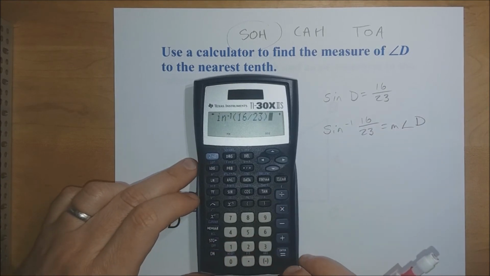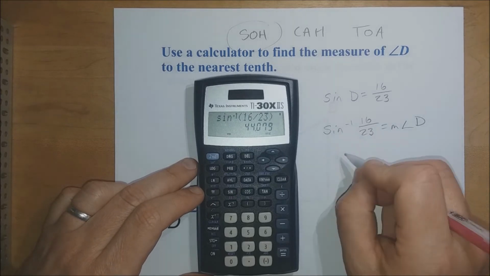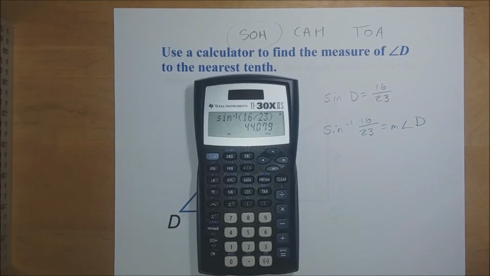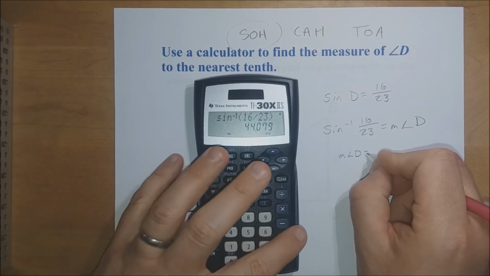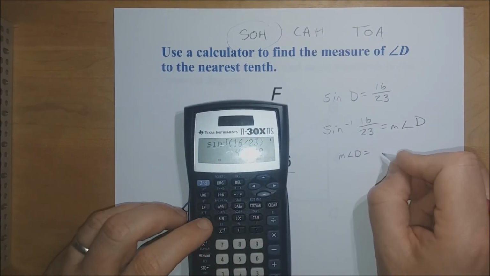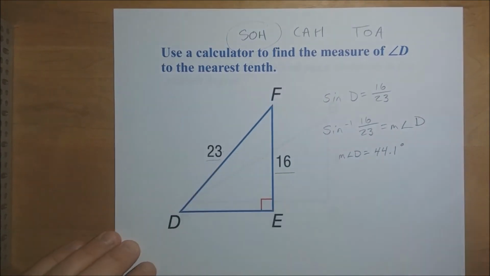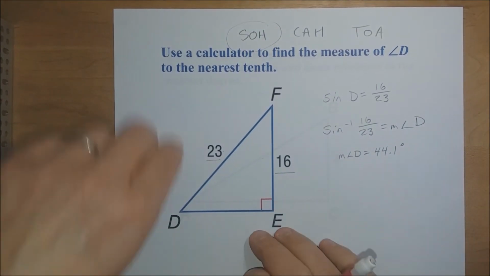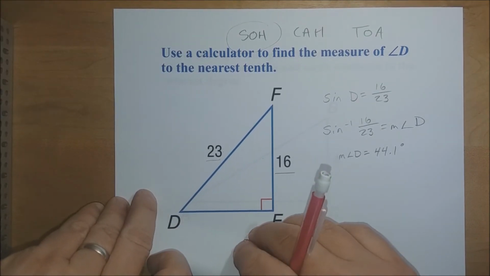Hopefully you guys can see that. And we get the measure of angle D is approximately 44.1 degrees. All right, everybody good with that? Let's see what else we can do here.